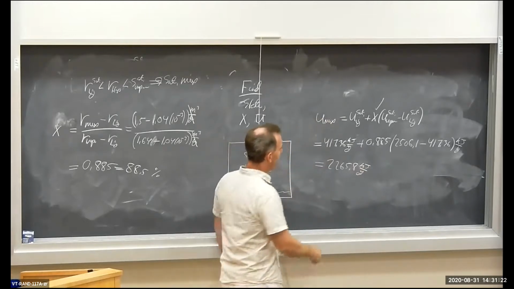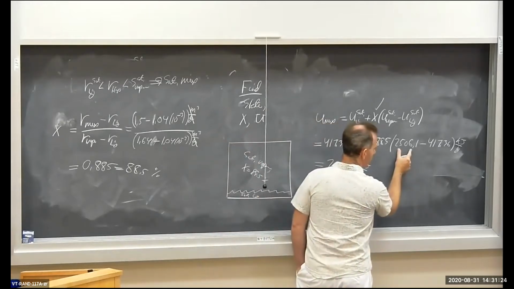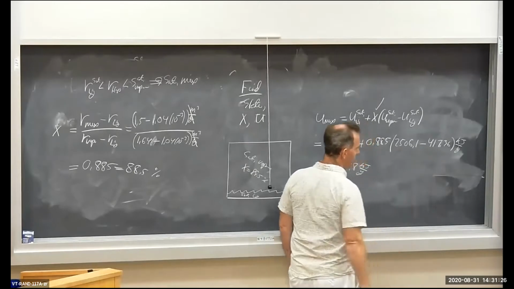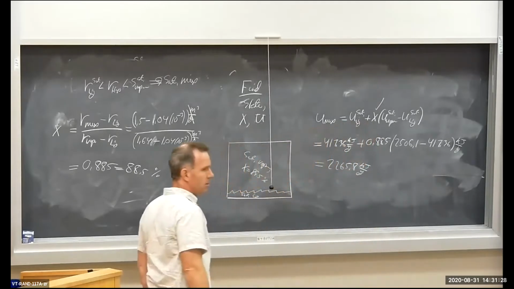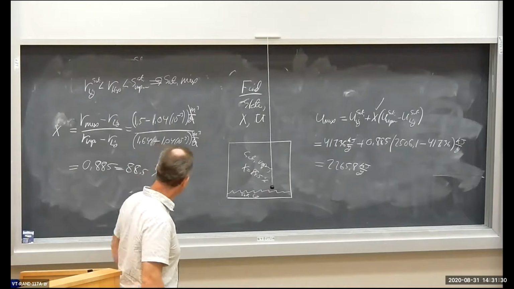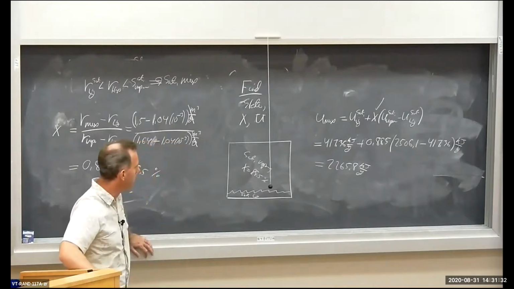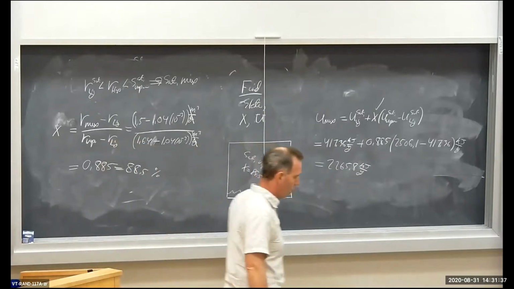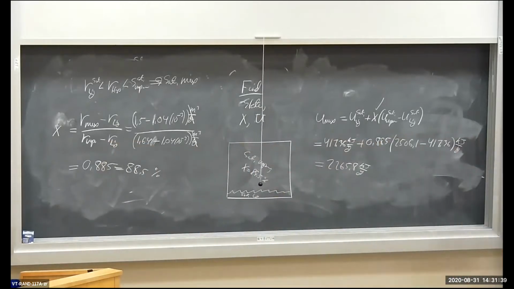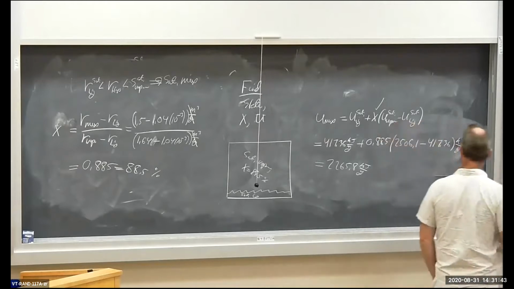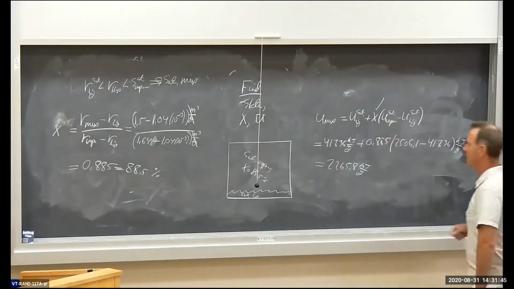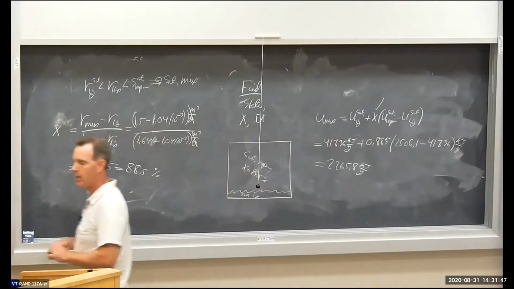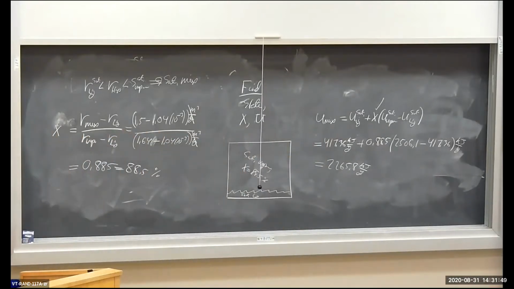And notice we are between 2,500 and 417. Better not get a specific volume or internal energy greater than that of the saturated vapor, or less than the saturated liquid, or you've done something wrong. Okay, so that's U for the mix, 2265.8.